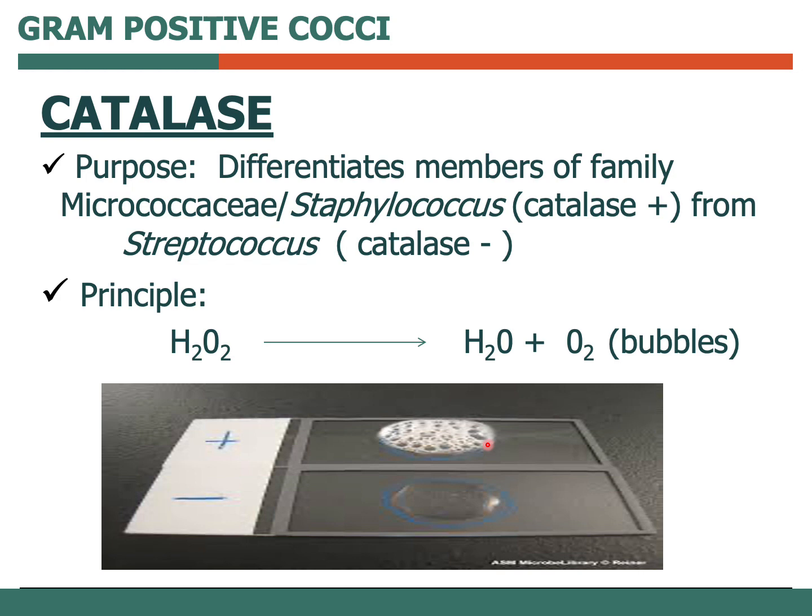If the reaction is bubbling or effervescence, that is positive because of the release of oxygen. If the reaction is just a normal suspension without bubbles at all, that is negative, so that would be Streptococcus. But if there is bubbling or effervescence, that is positive, and you think of Micrococcus or Staphylococcus.